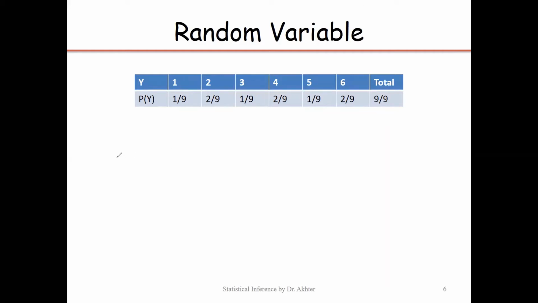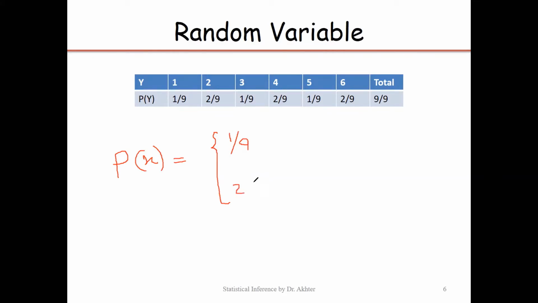So this piecewise function of the probabilities can be written as p(x) is equal to 1 upon 9. You have to write down a brace here. In the brace, we have the 2 forms. One is 1 upon 9 and the other is 2 upon 9.